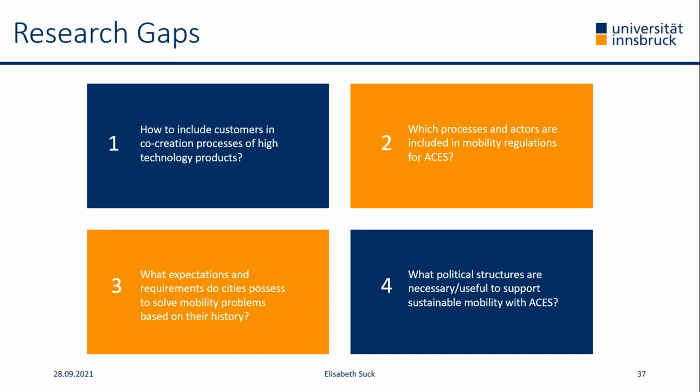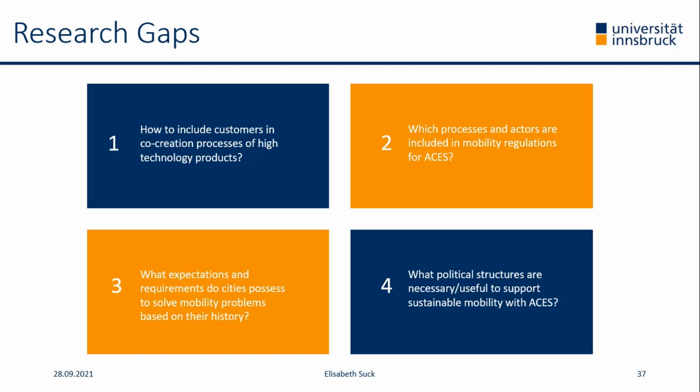If we look at some of the European cities, they have their roots in the Middle Ages. So I think it is necessary to get more knowledge about these structures, as ACES is so complex by itself, to learn how it is possible to come together based on this given infrastructure and the new technology.